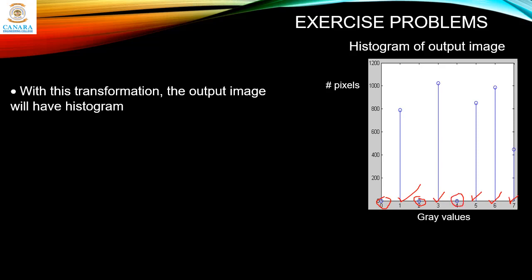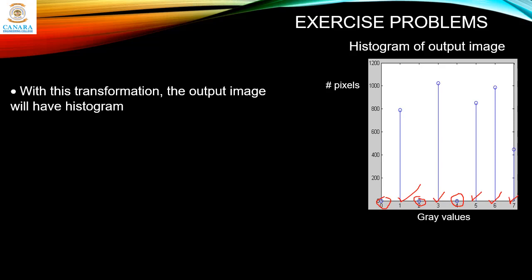We'll mark it as 0, but 1 by 7 will have 790 pixels, 3 by 7 will have 1023 pixels, and 5 by 7, 6 by 7 and 1 will have representation as we obtained in the previous table. So this is the final step of our problem. This completes the problem.